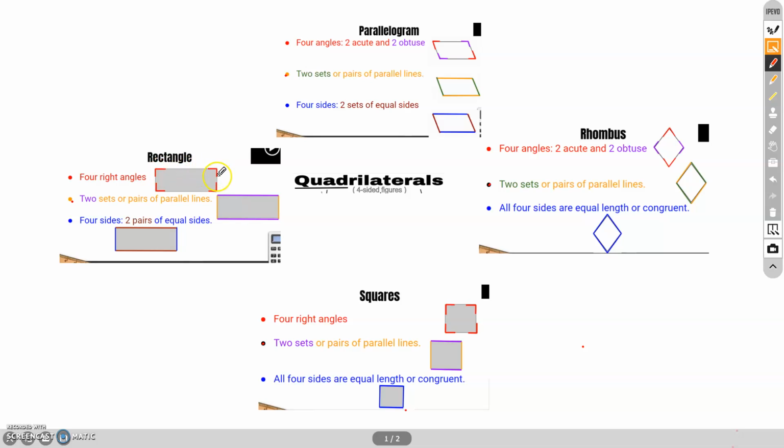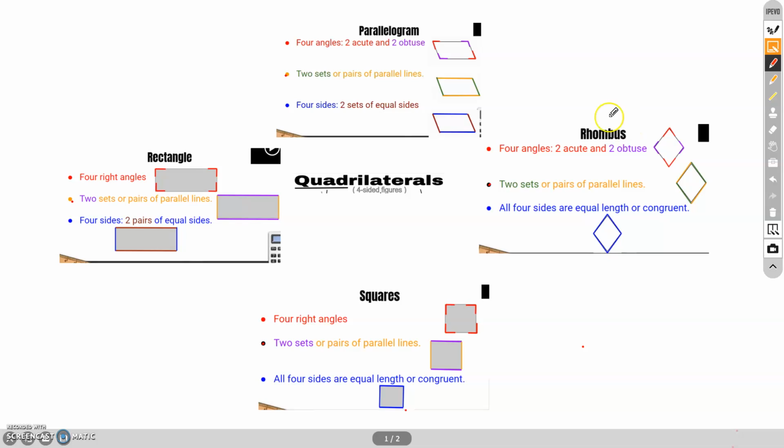The rectangle is different because of that, because if you look at a parallelogram, this has two acute angles, which are the red ones, and two obtuse angles, which are the purple ones. An obtuse angle is kind of like a wider angle, and an acute angle is kind of like a bent angle. It's like a closer angle. The lines are closer together. Okay? So that separates the rectangle from the parallelogram.